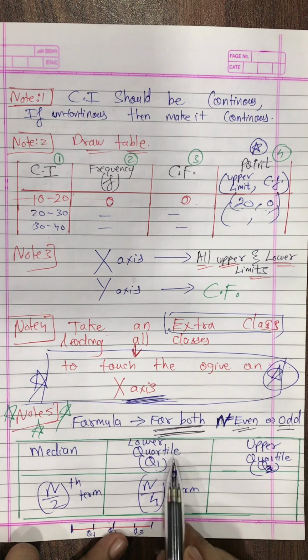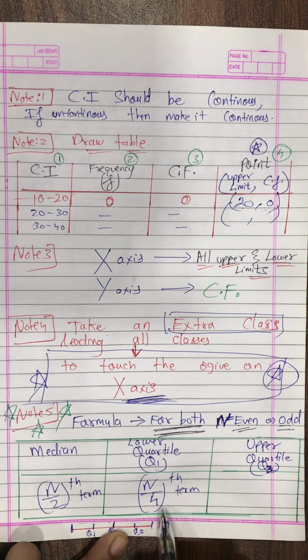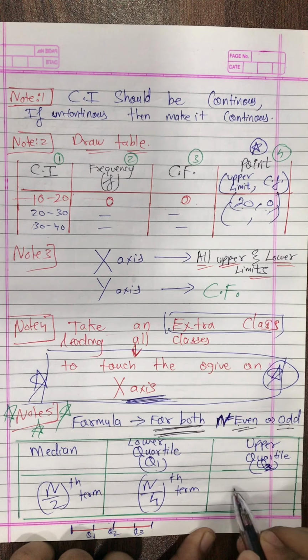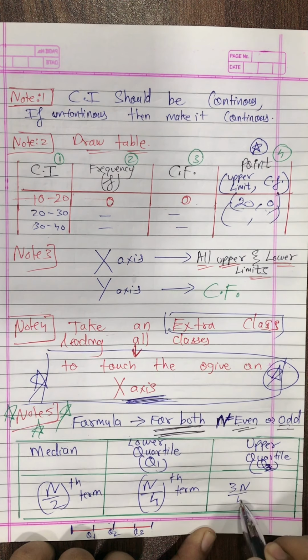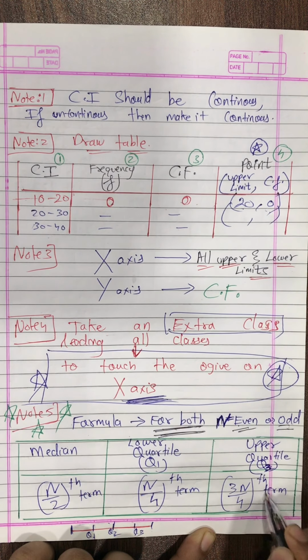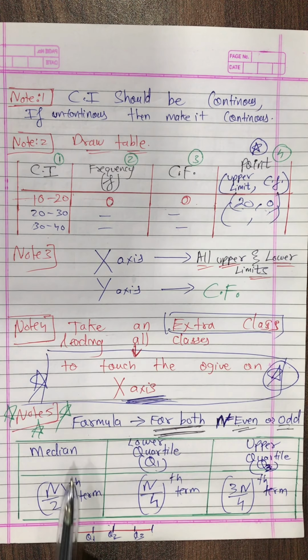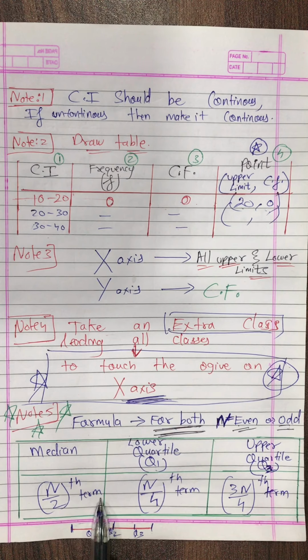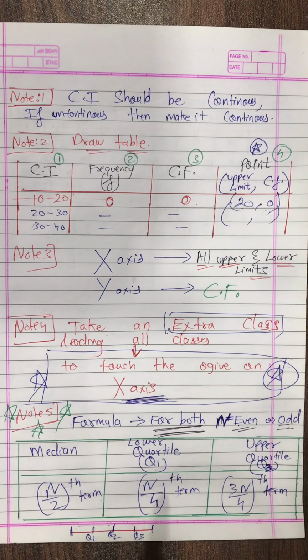You should remember, lower quartile called as Q1, n upon 4th term. Upper quartile is 3n upon 4th term. Median n upon 2th term, where n will be either even or odd. Lower quartile n upon 4th term. Upper quartile 3n upon 4th term.